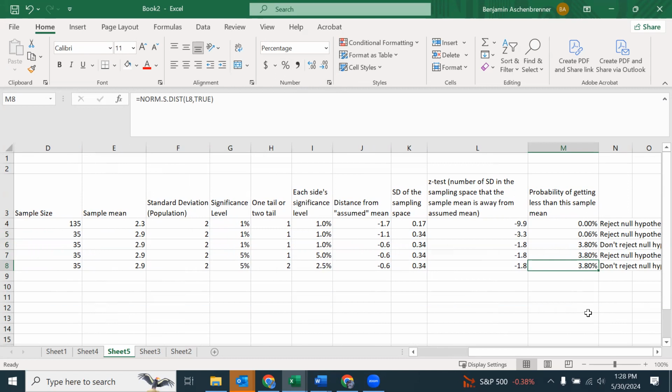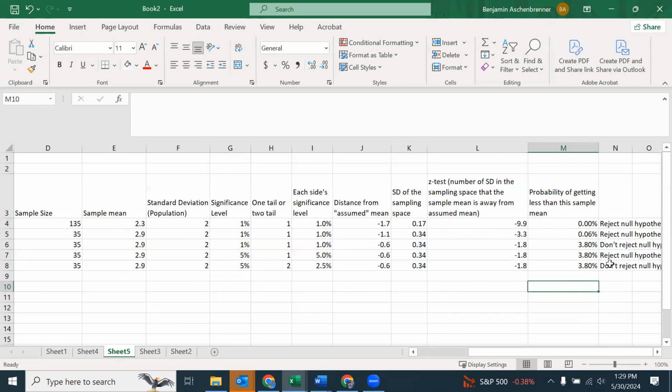Boy, it's complicated. But the good news is that the math calculation part of it is just the ratio of these two things, the distance from the assumed mean to the sample mean, and then this converted standard deviation of the population to the standard deviation of the sampling space.